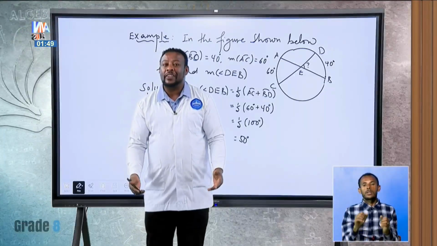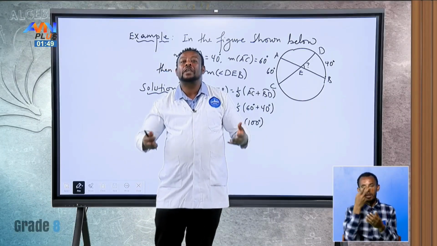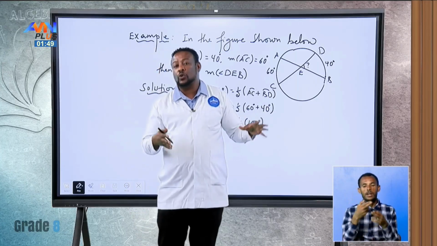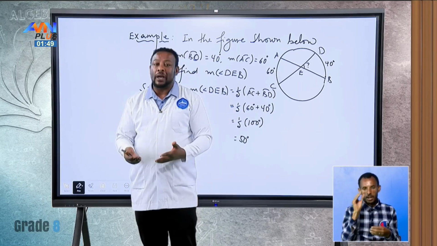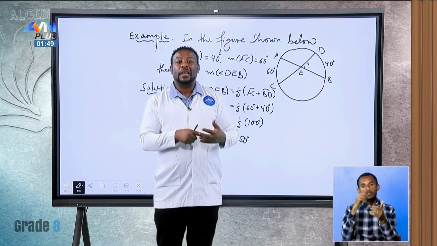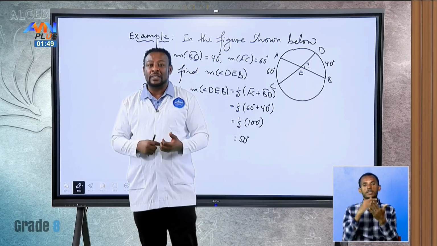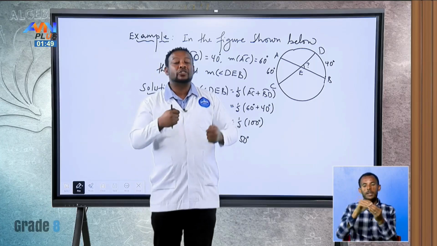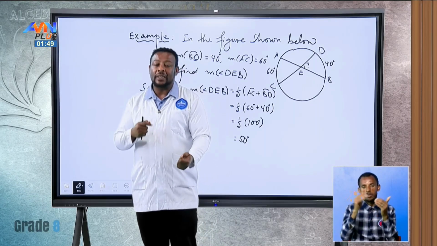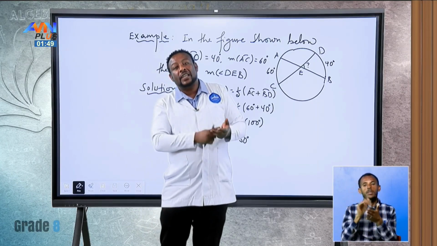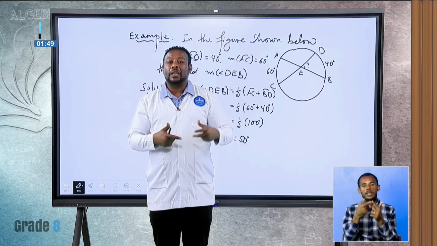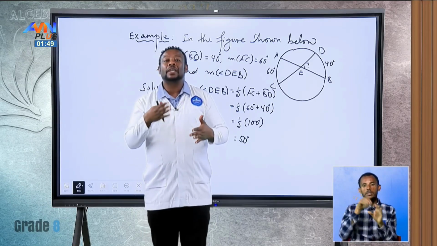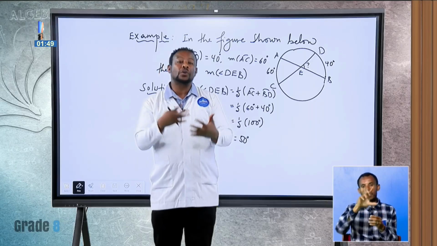In today's lesson, we have seen three basic theorems. Those theorems are related to circles and inscribed angles. The first theorem that we have seen in this lesson was an inscribed angle subtended by a semicircle is 90 degrees. And the second theorem is that inscribed angles subtended by the same arc are congruent.